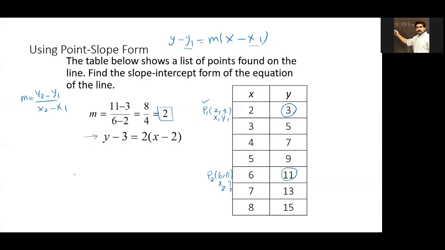And that would be my equation of the line. If I want to write this in y is equal to mx plus b, I need to solve for y. So if I distribute the 2 and add 3 to both sides of the equation, I get y is equal to 2x minus 1. It means my slope is 2 and my y-intercept is -1.